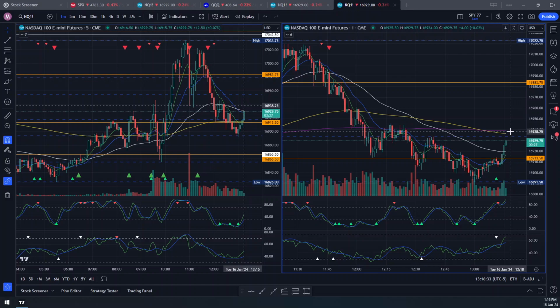Let's see if we can get a pullback to get in. Alright, this is nice. So what we are going to do now is short this. I am short from 935.